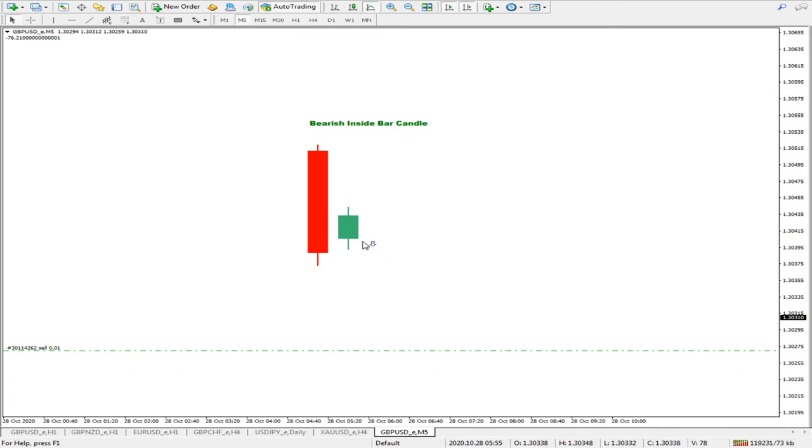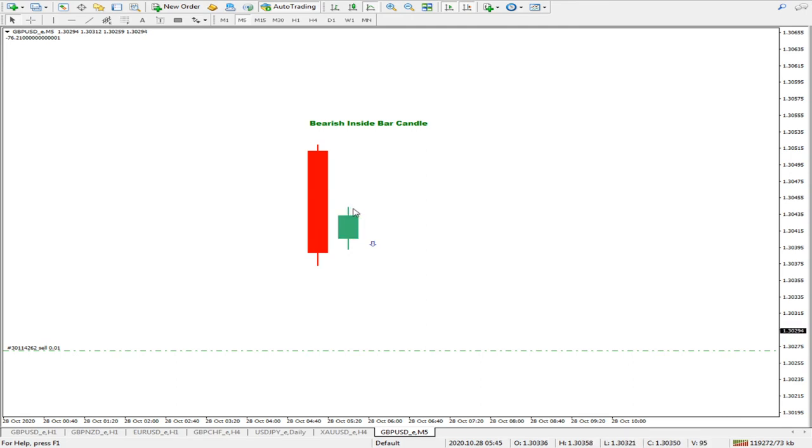So how do you trade this? First of all, let's define it. For you to say that this is a bearish inside bar candle, you look at the high, the low, and the body size of this candle and the body size of the previous candle.